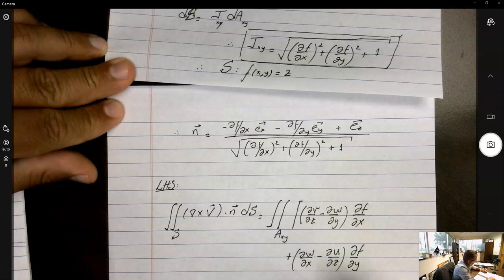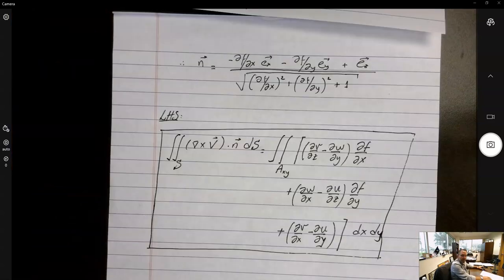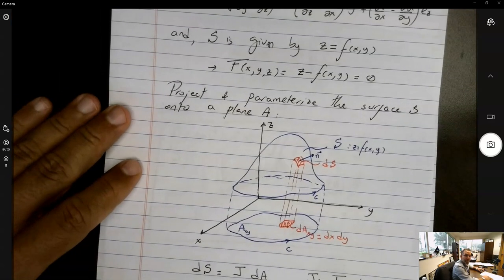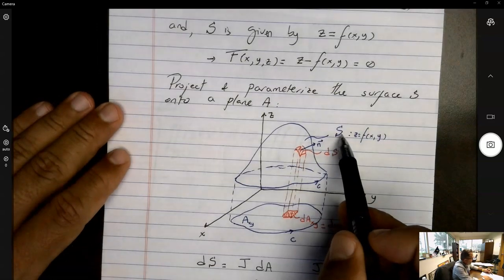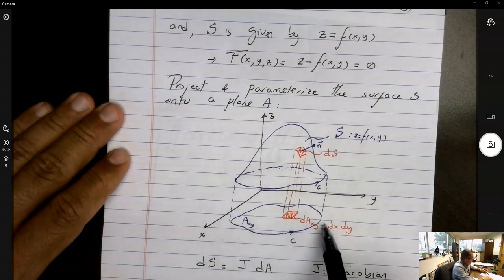All right. So now this is a generalization of how we evaluate Stokes theorem. That doesn't necessarily always apply, but in a sense, because remember that would all depend on whether we can actually parameterize the surface that we're trying to integrate over onto the xy plane.